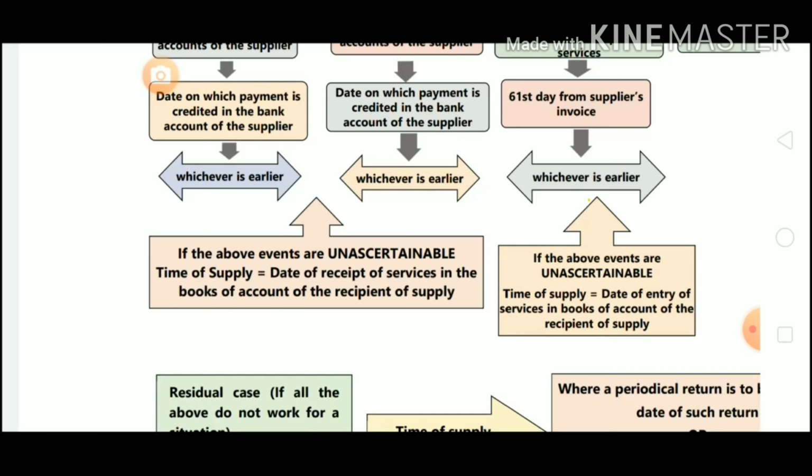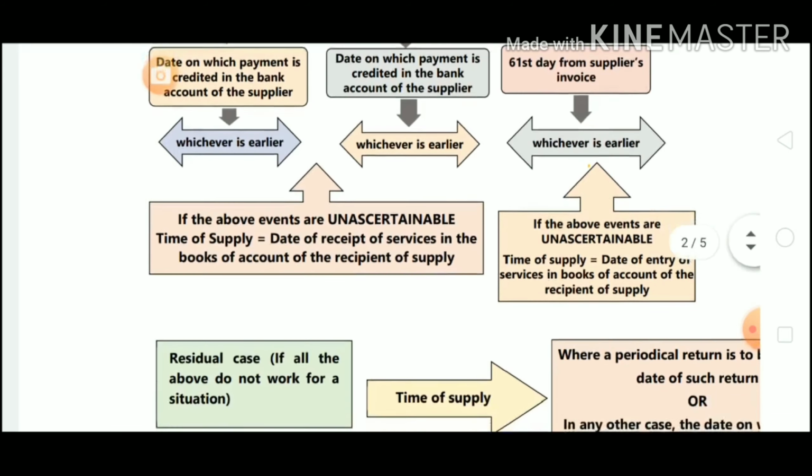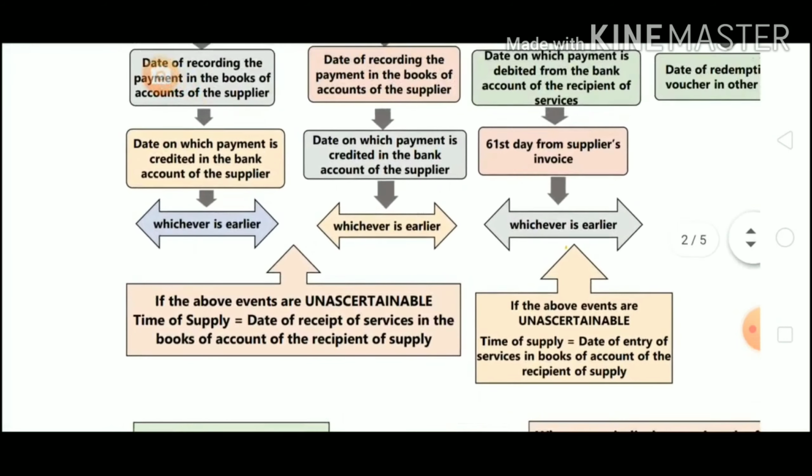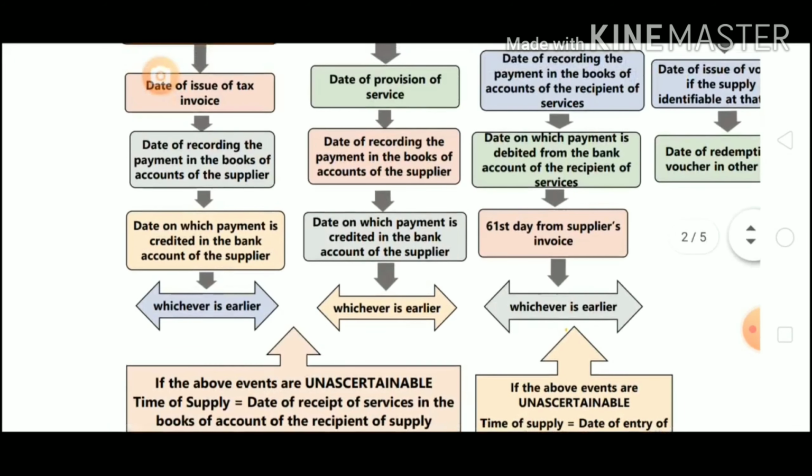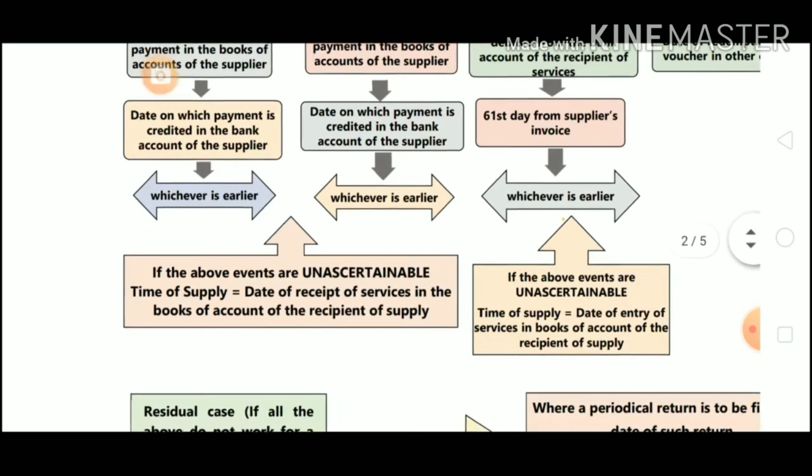Means when the recipient receives the services, the date on which he enters in his books of account, service entry, not payment entry. It's not the date on which payment is recorded in the books of account, not payment entry. We are talking about service entry, receipt of services entry.